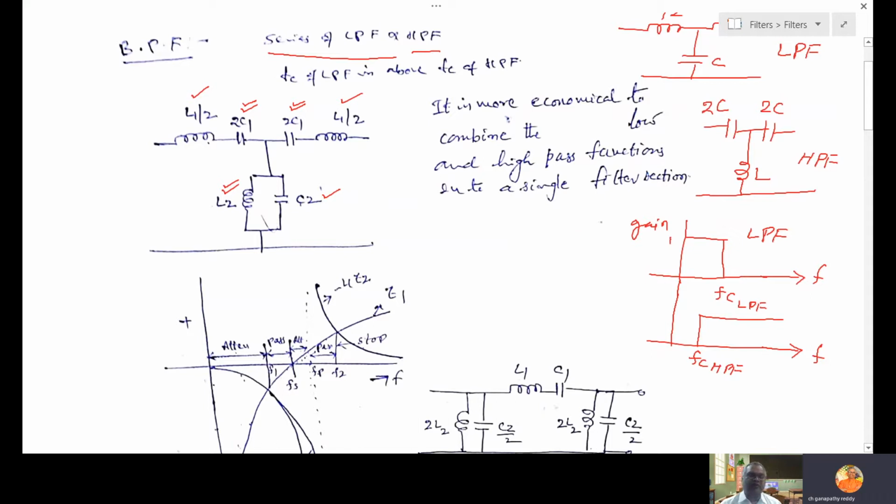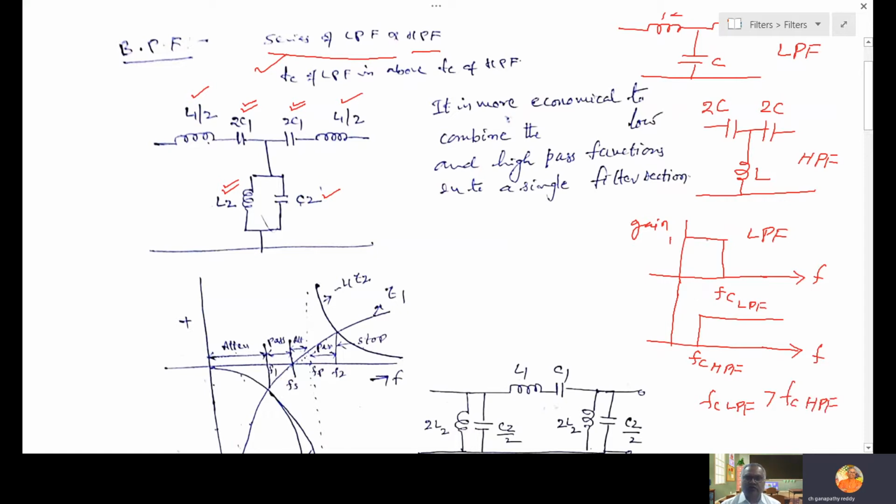So what is the statement given here? You see here, the cutoff frequency of the low pass filter is above the cutoff frequency of the high pass filter. So FC low pass filter should be greater than FC high pass filter.